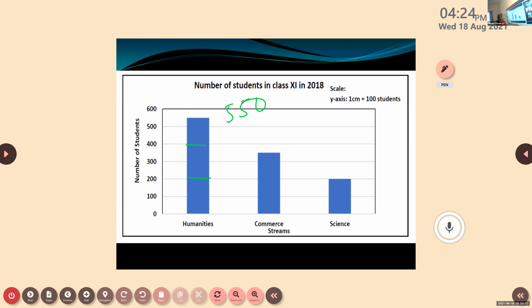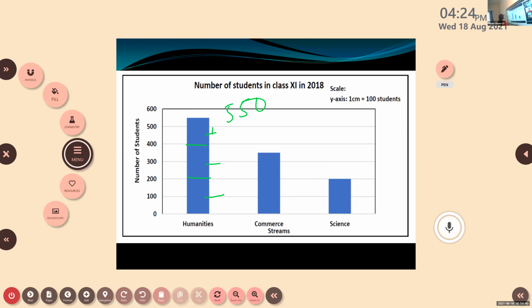In that we are giving components: how many this subject, how many another subject. We are making components, and we get the total by adding all these components, or we are subdividing the bar into different categories. That kind of diagram we call a component bar diagram or subdivided bar diagram.